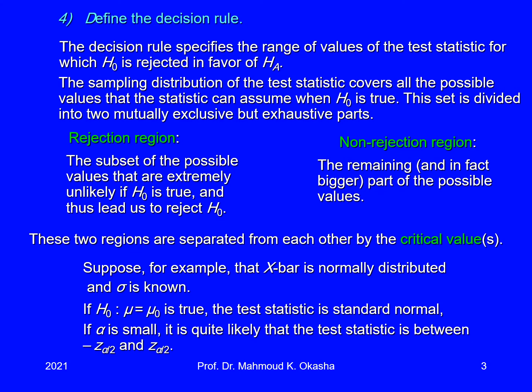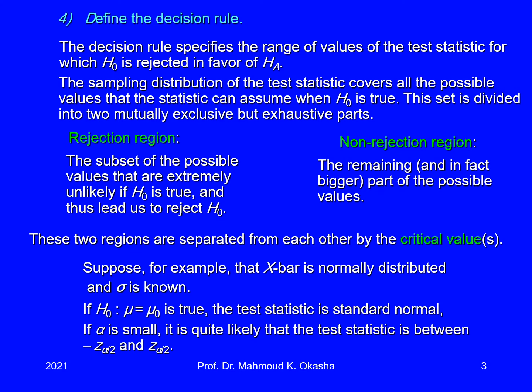Alpha is a small value, and it is quite likely that the test statistic is between minus z half alpha and plus z half alpha. If it is less than minus z half alpha or greater than plus z half alpha, then we reject the null hypothesis because these are the rejection regions.